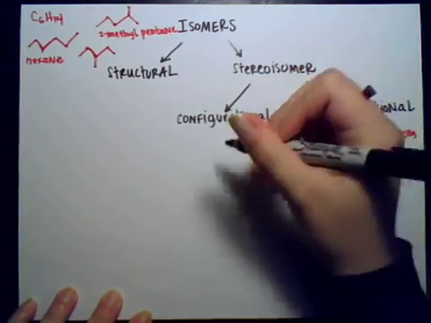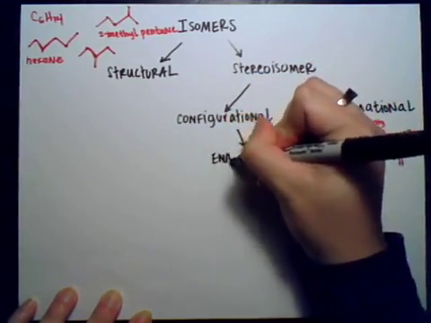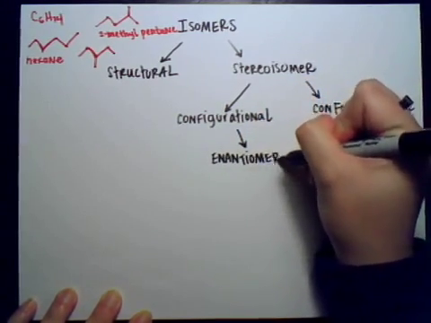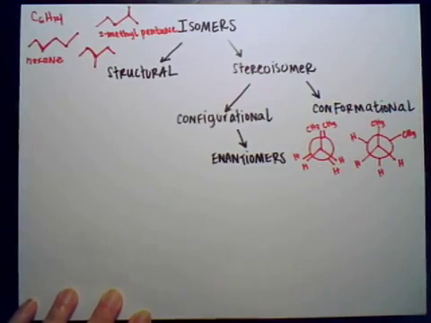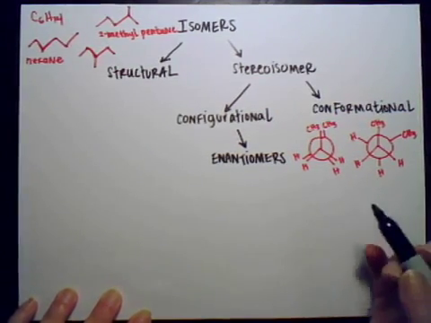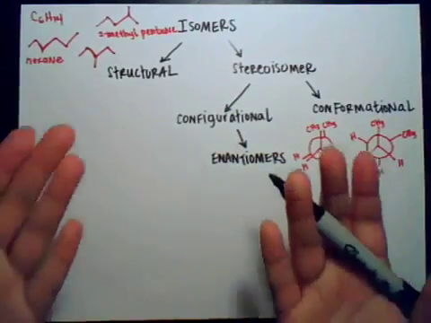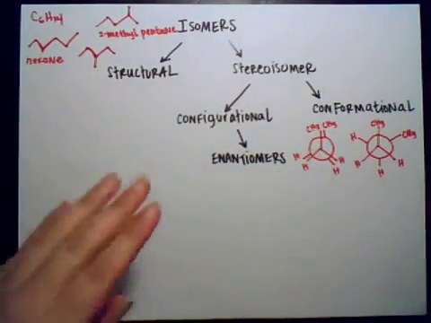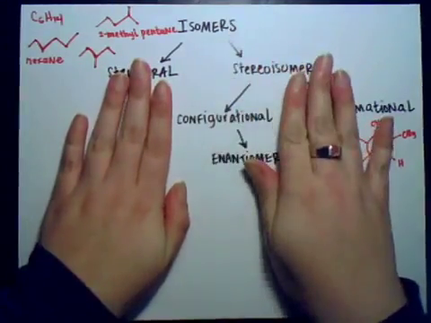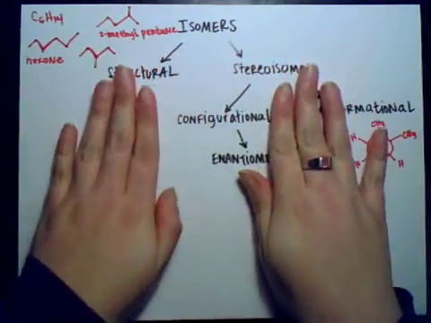The first being enantiomers. Enantiomers are basically molecules that, when you look at them, are mirror images of each other. Kind of like my hands right here: if there was a mirror in between, they're actually mirror images of each other.